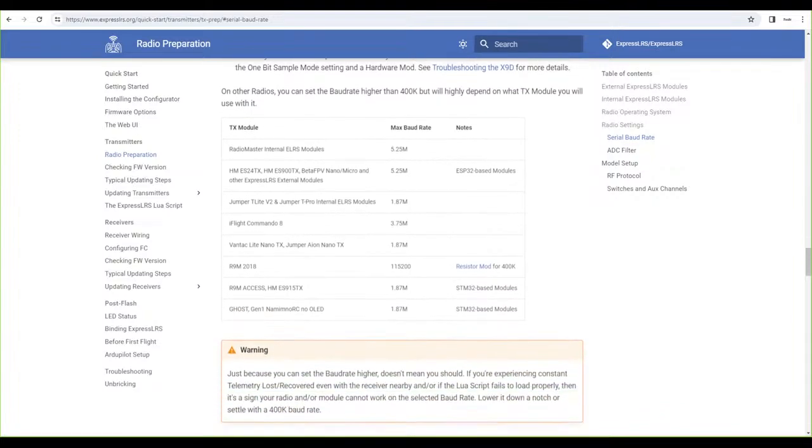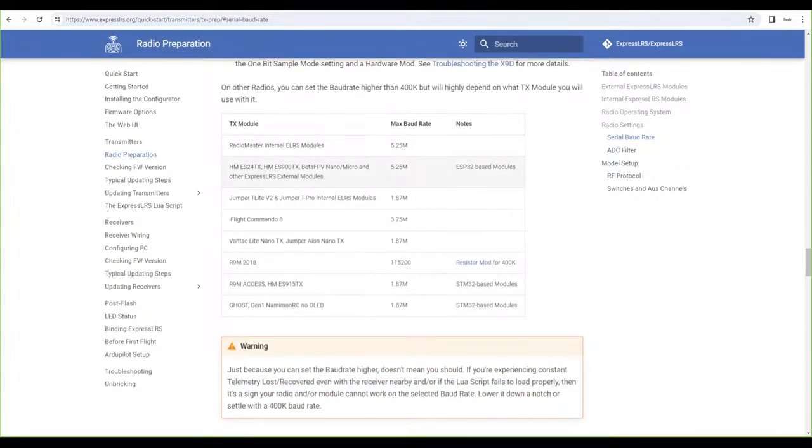But yeah, here's some of the different baud rates. My video is over the Happy Model Slim Pro module on my Zorro. As you can see here, the Happy Model, the ES900, and then also the ES24TX. That would be the Slim Pro right here. So we're safe to go with the highest baud rate there.